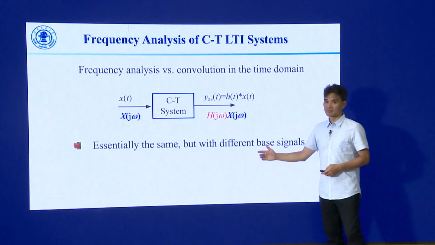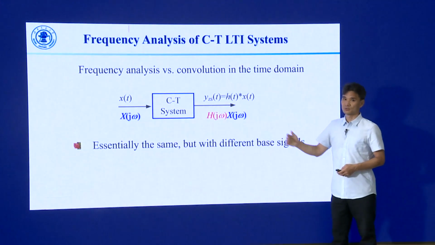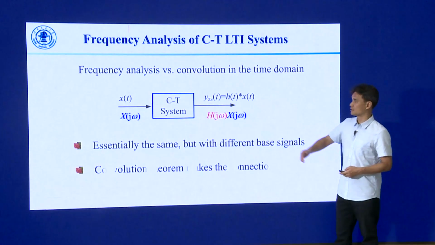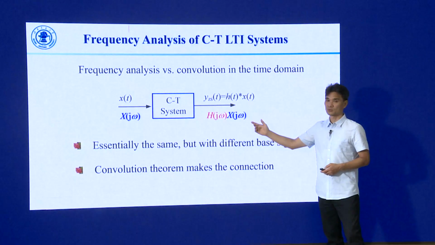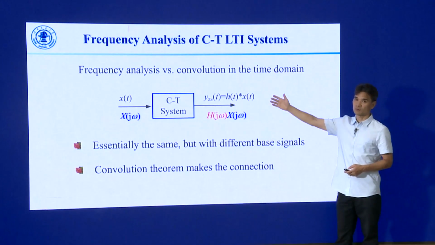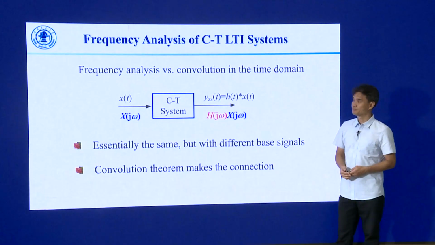So they are the same, basically. They just use different basis functions to do the analysis, to do the derivation. And we have the convolution property to connect these two methods: one in the time domain, convolution; the other in the frequency domain, multiplication.